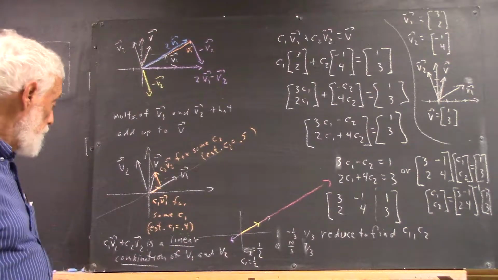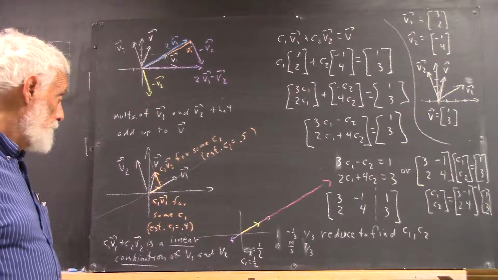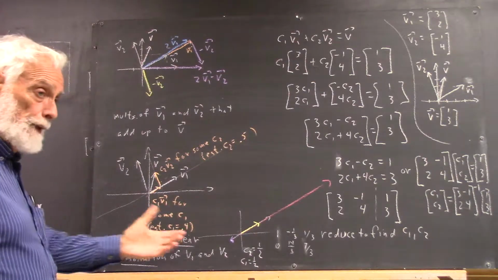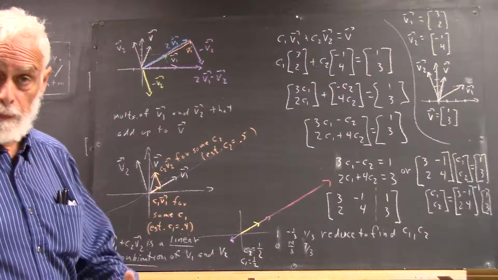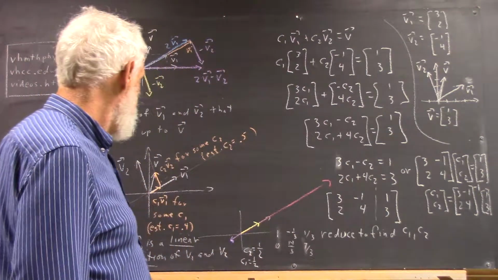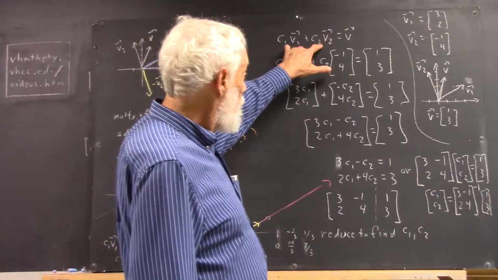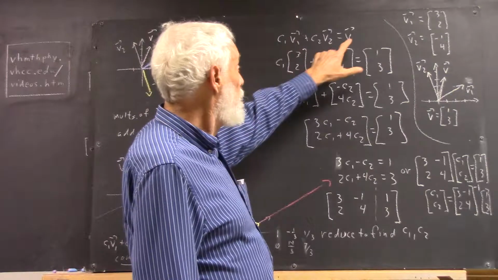It's linear because you're just using the first powers of everything. And it's a combination because we're adding the multiples, okay? So a linear combination is a sum of multiples of the vectors that you're combining. Okay, so now we're saying this linear combination, the sum of multiples of V1 and V2 is equal to V.